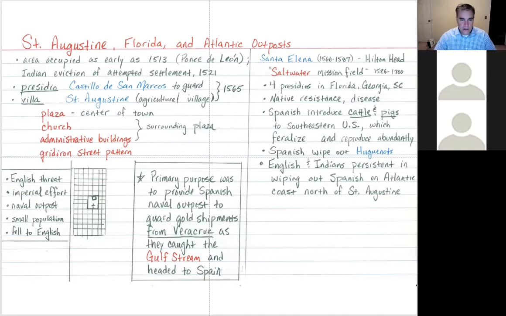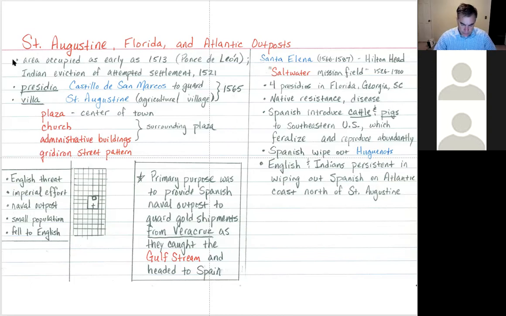So, we've got an English threat, and the Spanish themselves are looting the Inca Empire and the former Aztec Empire, sending gold and silver back to Spain, inflating the economies of Spain and Europe in general, causing great rising prices.